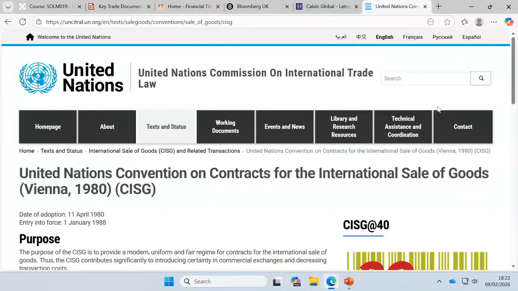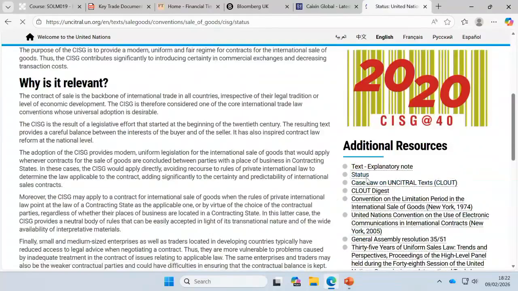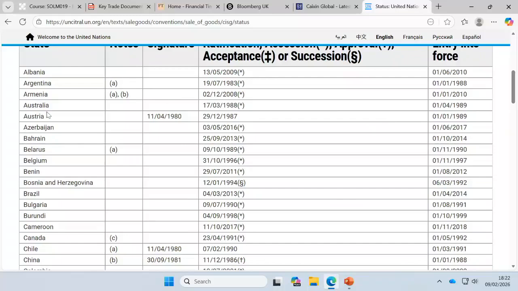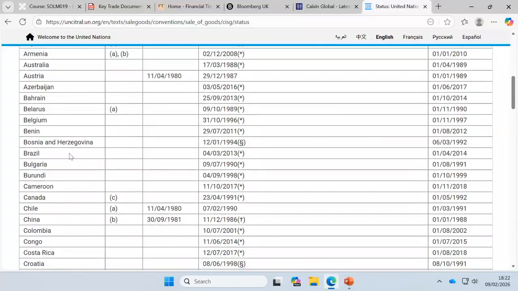We saw last time on the UNCITRAL website that they very handily provide a status chart. And if we look at the status chart, as I said, as of the beginning of this year, 97 different countries have ratified the Convention on International Contracts for the Sale of Goods. Among major economies, Brazil, we find China at quite an early stage, really from the very beginning of the convention.